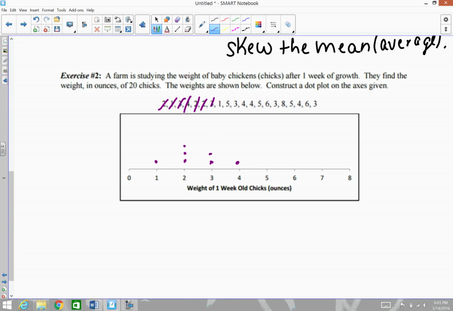A 3, a 1, 5, 3, 4, 4, 5, 6, 3, 8, 5, 4, 6, and a 3. See how you did? When you're ready, flip the page.